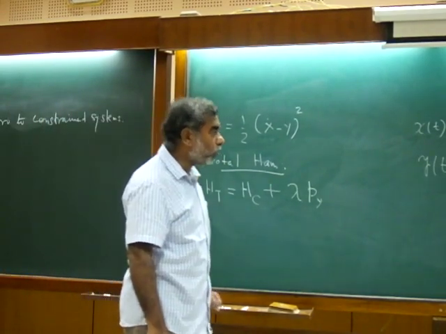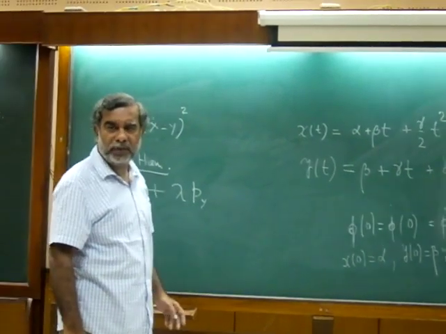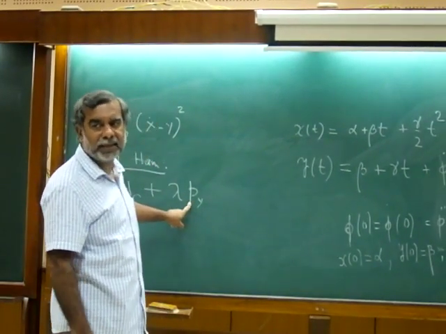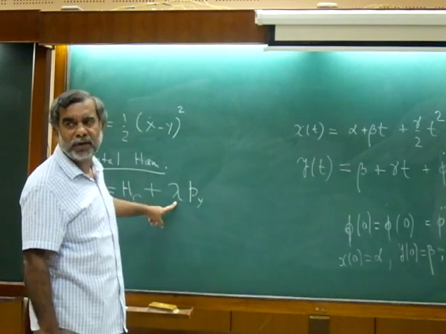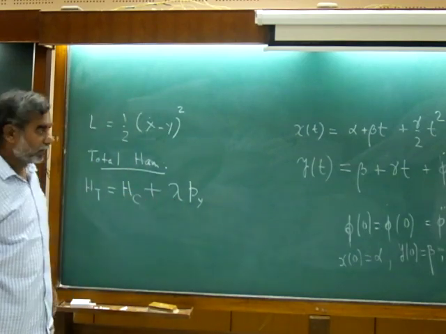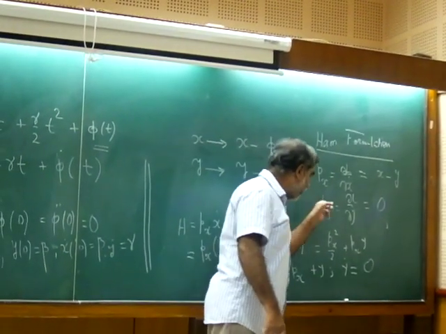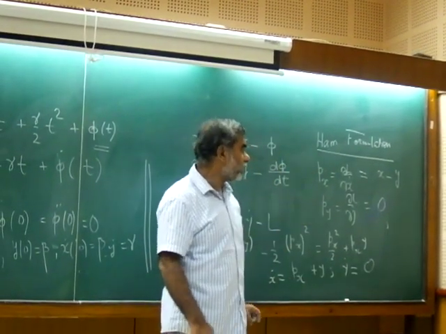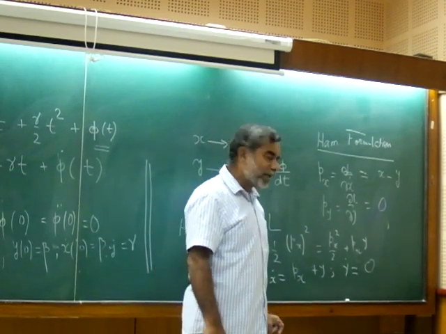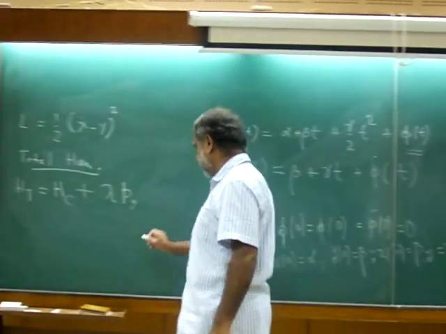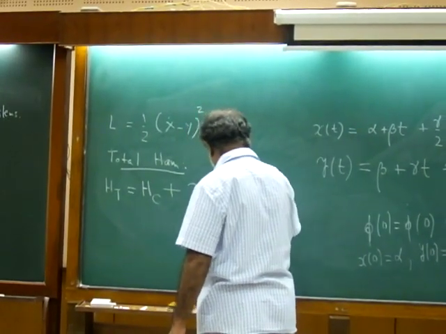If there were more constraints, you would have included all of them, each constraint being implemented by a corresponding Lagrange multiplier. These constraints, which directly follow from the Lagrangian, were termed by Dirac as primary constraints. So this is a nomenclature.